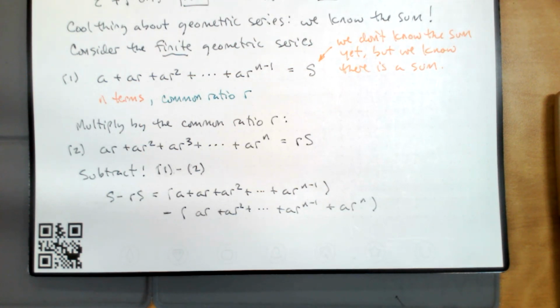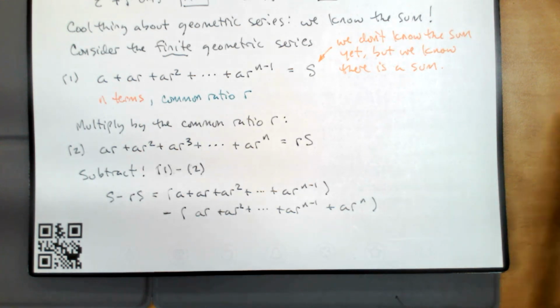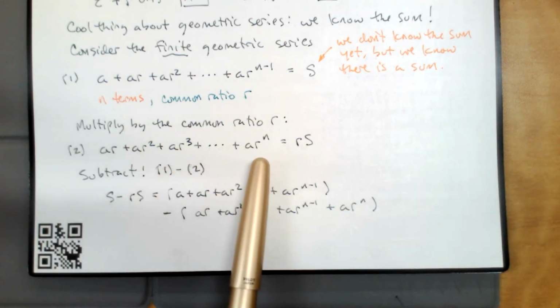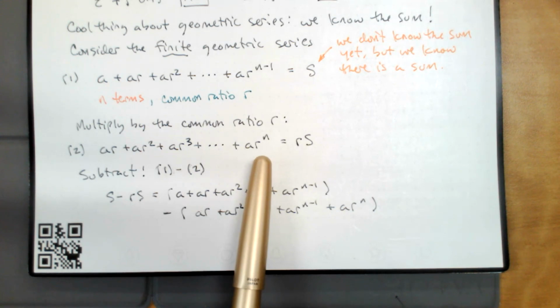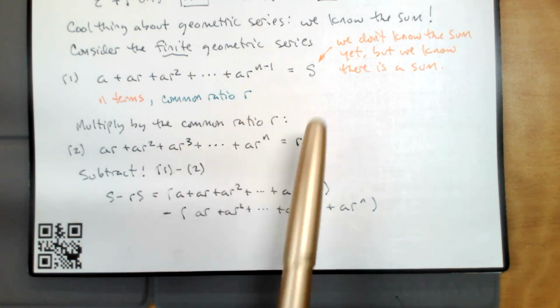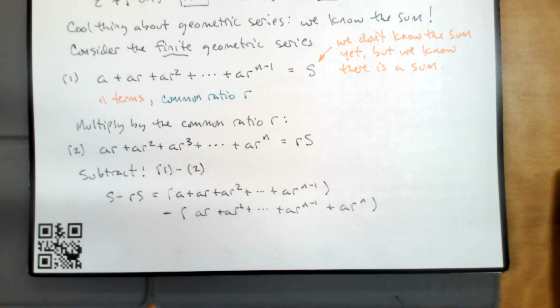What we'll notice is that the only two terms that line one and line two don't have in common are the first term from line one, the a, and the last term from line two, ar to the n. Everything else is going to cancel out because we're subtracting.